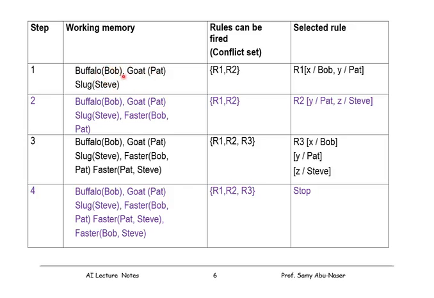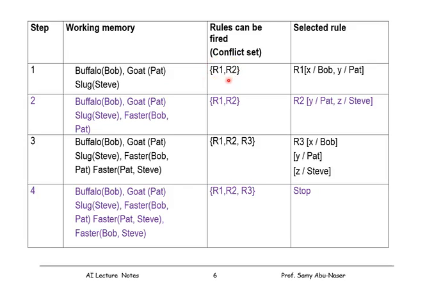So we take these facts and check which of the three rules have their conditions satisfied. You will find R1 is satisfied and R2 is satisfied. So this is called a conflict set. We have two rules that can be fired at the same time.